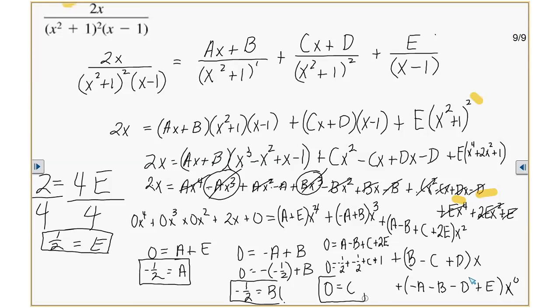Y'all check my math. Well, it looks like on their answer, it's -1. Okay, we'll check to see what I got there. It looks like to me, negative 1/2 plus negative 1/2 is negative what? That's negative 1, right? Yes, -1. Negative 1, you take it over, that would be positive 1.